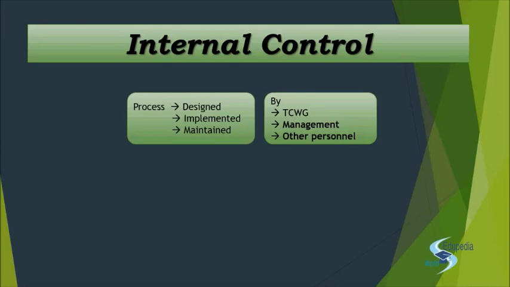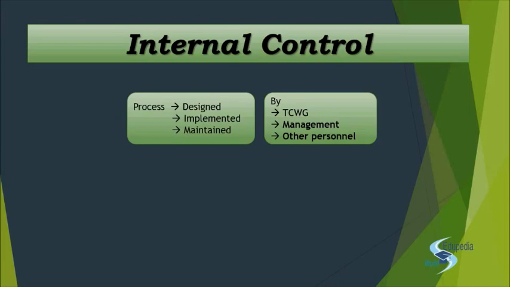Then it also has to be maintained over the period, right? If there are some modifications required, they will modify it, or otherwise they will also always make sure that these processes are being followed, right? So that is basically internal control. The process is designed, implemented and maintained by TCWG, management or other personnel, right?